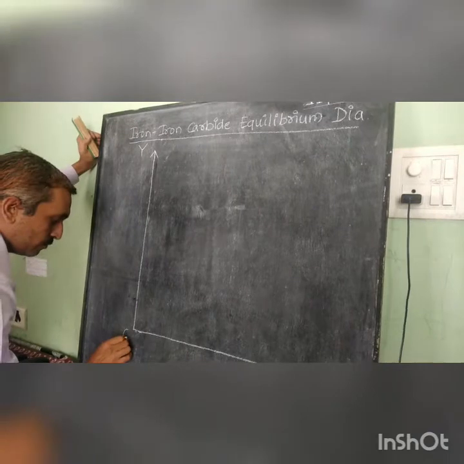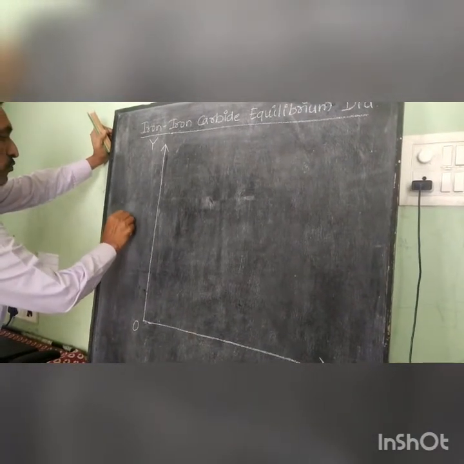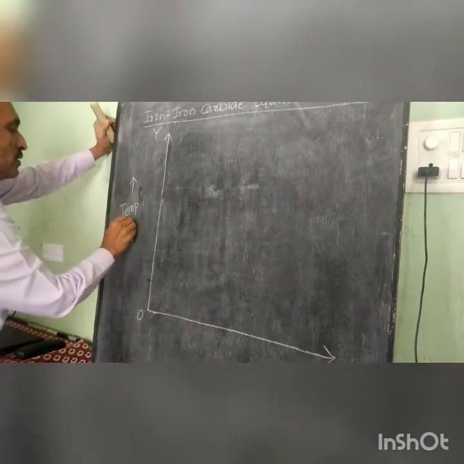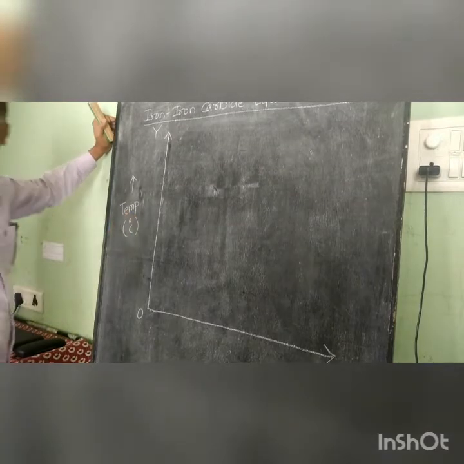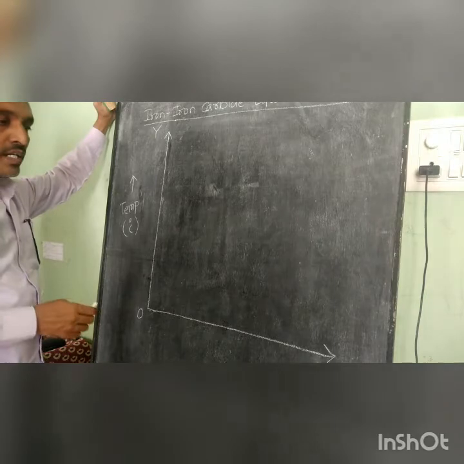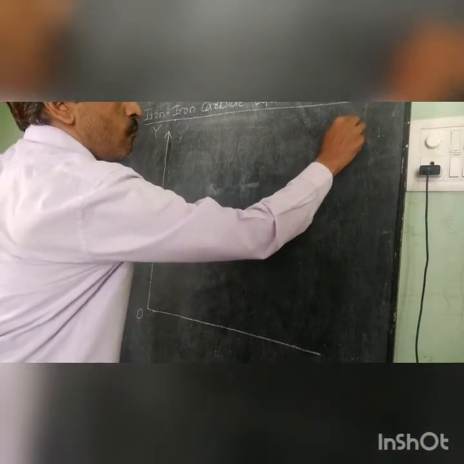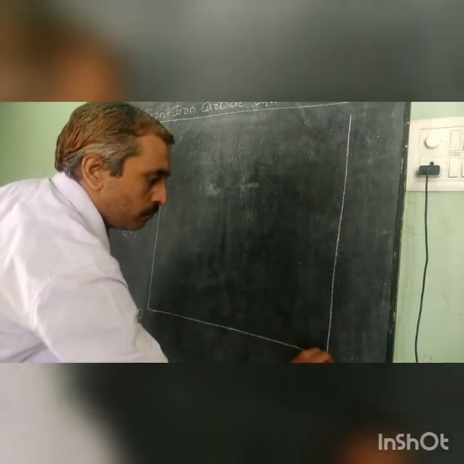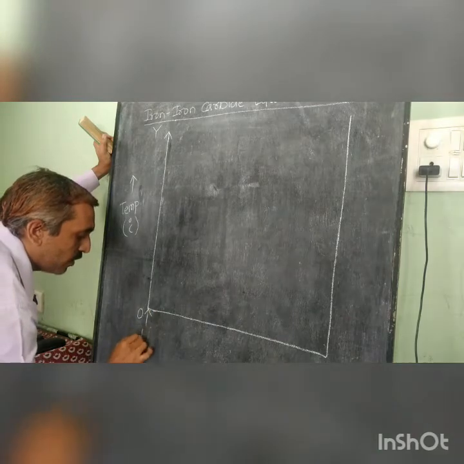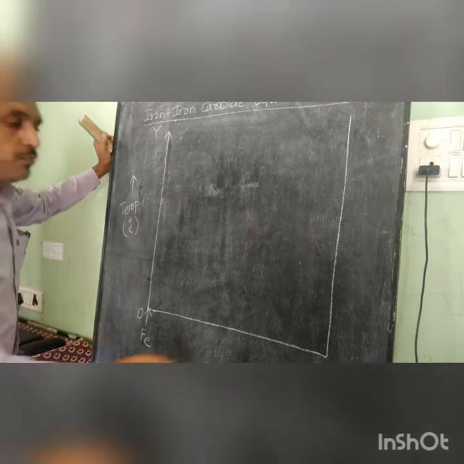This is the origin. Along the y-axis, as we have discussed, temperature in degrees Celsius. We can divide this diagram into three parts. This one, the origin, is 100% pure iron.